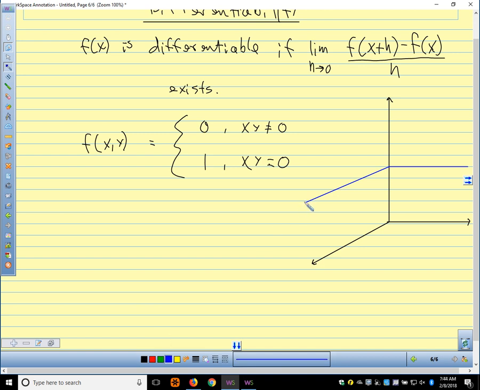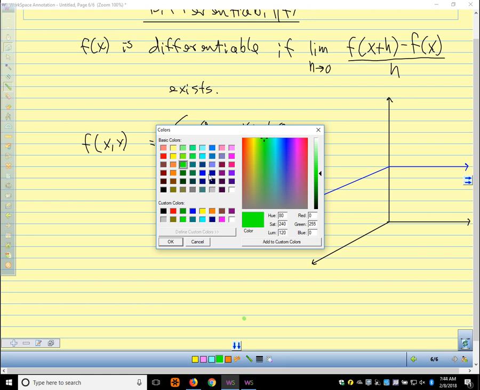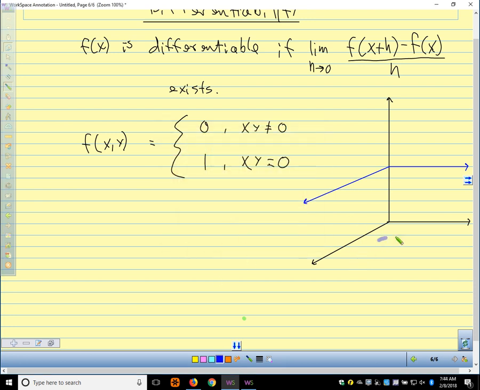So that's where it equals 1. And where x times y is not equal to 0 is everywhere else. So that's going to be down here on the plane, the rest of the function.